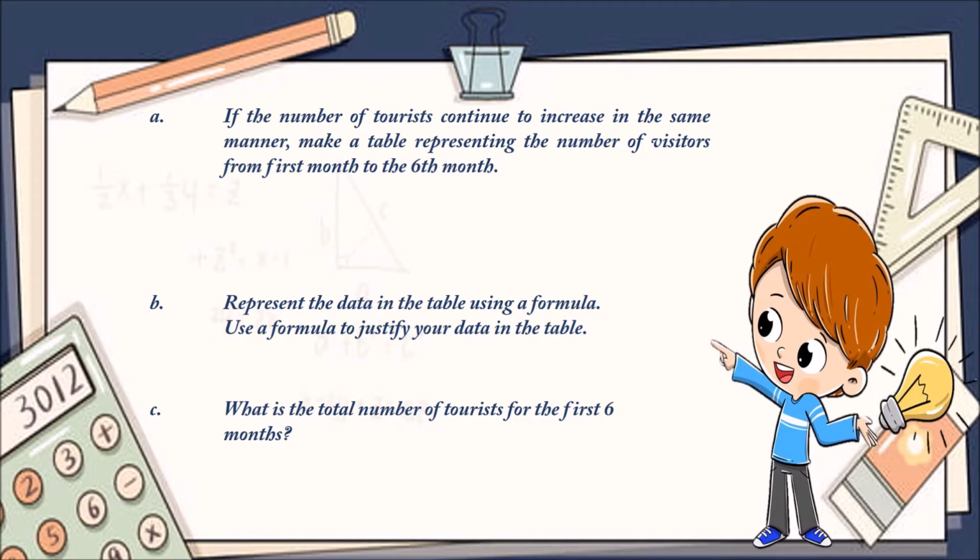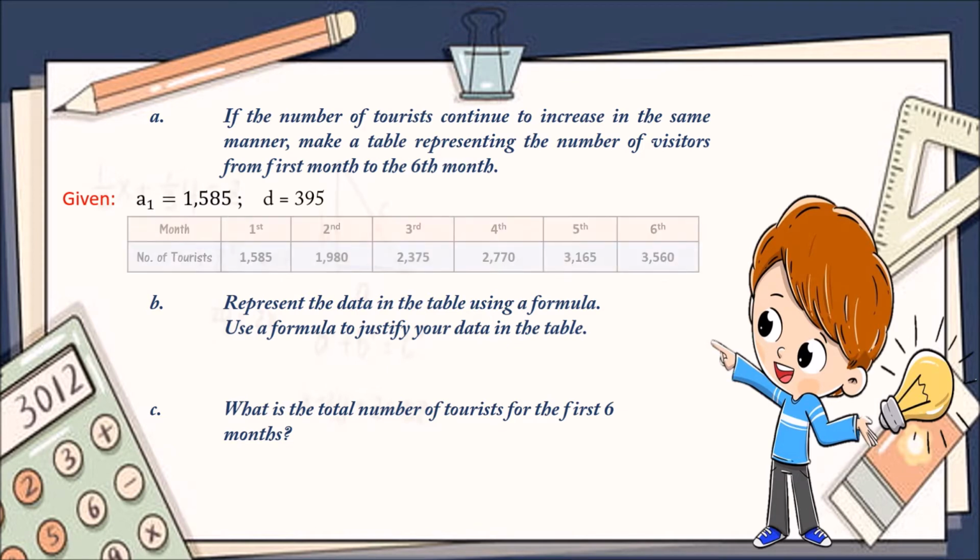A few moments later. Tapos nyo na ba, Math Angels? So, tignan natin kung pareho tayo na sagot. So, for letter A, given A sub 1 is equal to 1,585, and D, the common difference, which is 395. Ang hinahanap sa letter A ay isang table. So, ito ang answer ko.